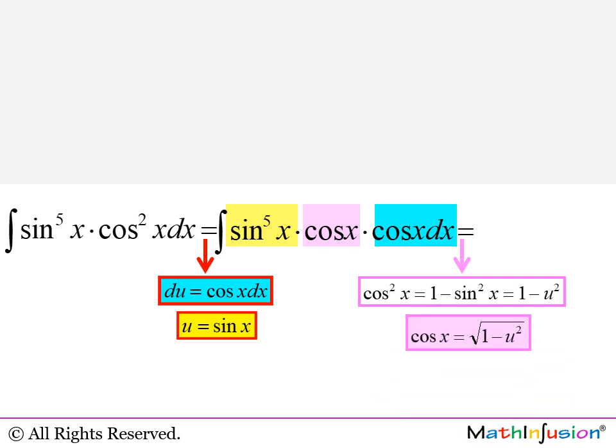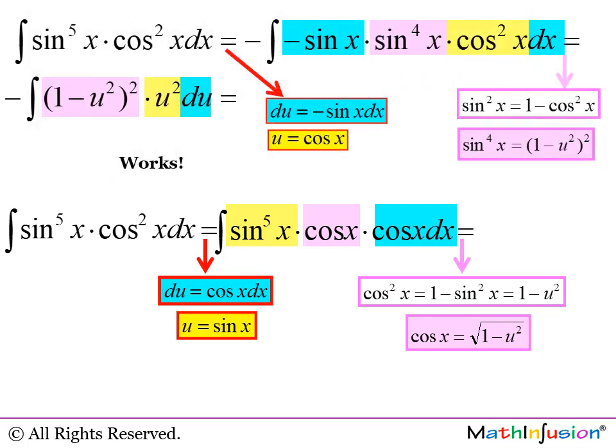Well, I get that this is radical of 1 minus u to the power of 2, which is a big no, no, no. We don't want to have radicals. So I want to recall again: in the one that we did before, everything works because we didn't have radicals. We just have a very simple polynomial of u after all those substitutions.